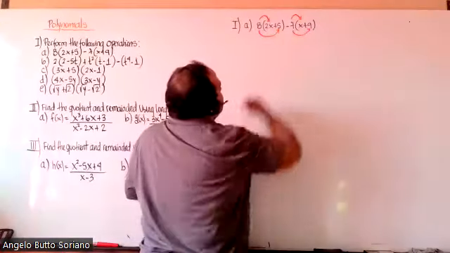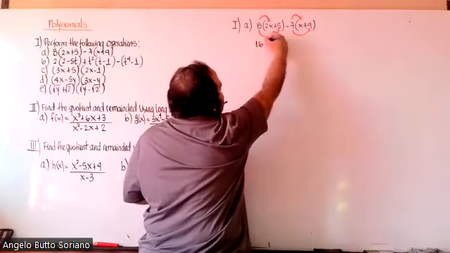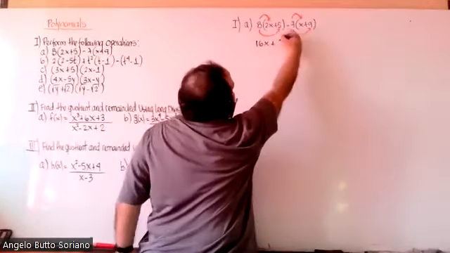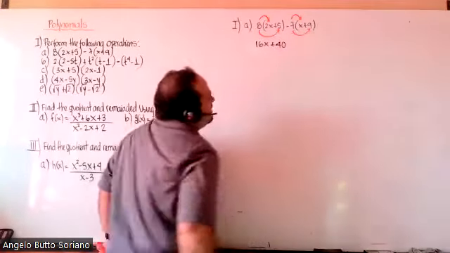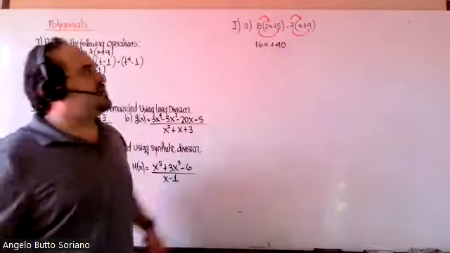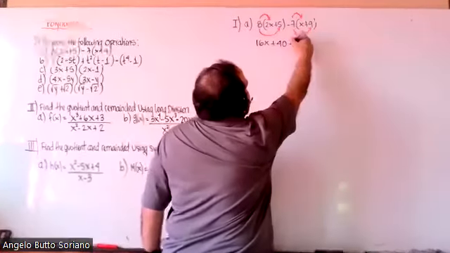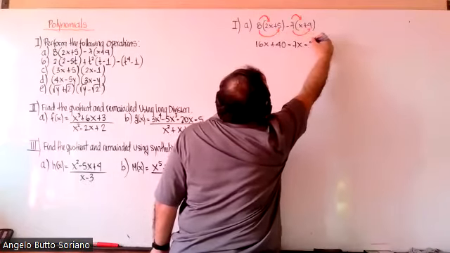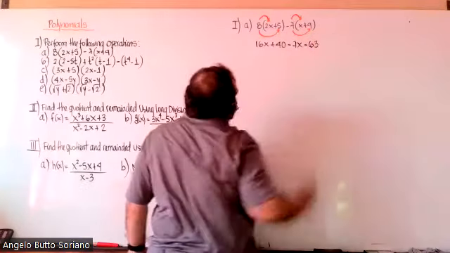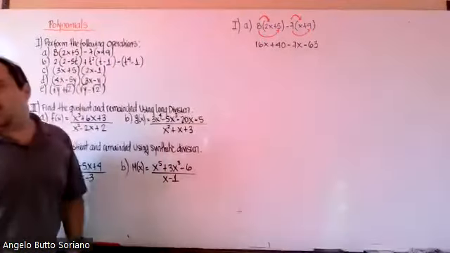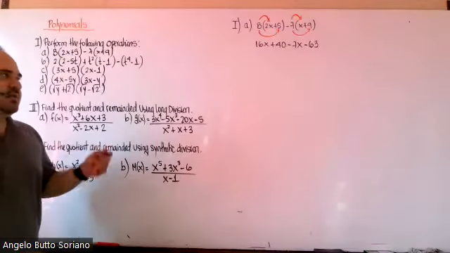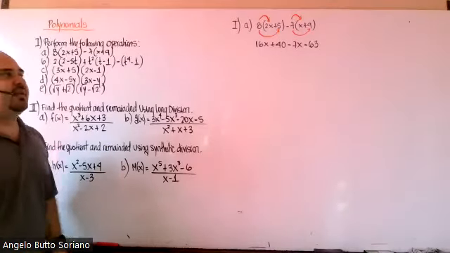Okay, let's perform this operation. 8 times 2x will be 16x, plus 8 times 5 will be 40. And also negative 7 times x will be negative 7x, and negative 7 times 9 will be negative 63. Because we've already performed this product with the distributive property, now we apply the like terms.